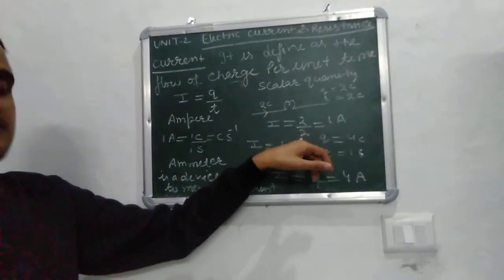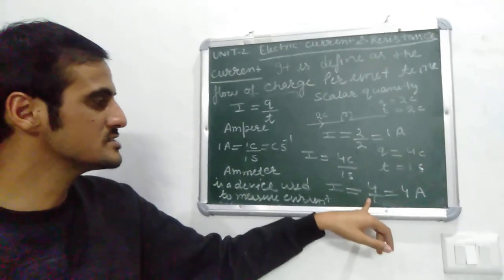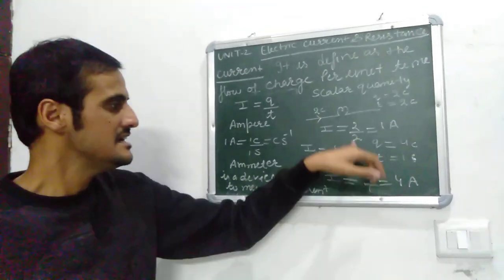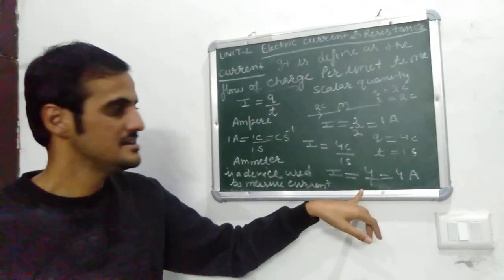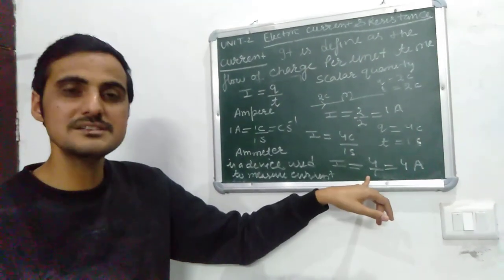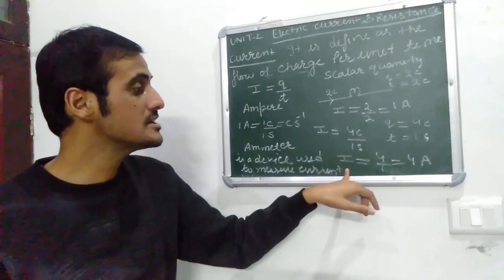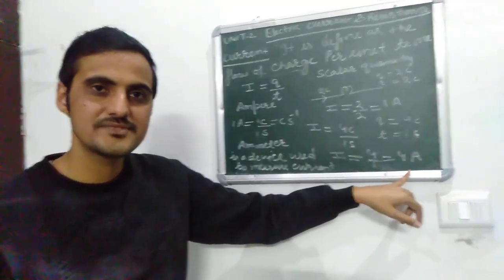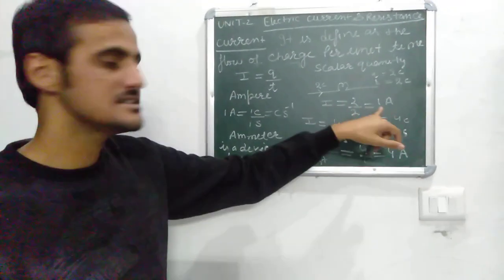Here we have taken a time of 2 seconds. Here we have taken a time of 1 second. Means to say that in that case the value of the time is less. If the value of the time is less, then the value of the current is large. If the value of the time is large, the value of current is small.